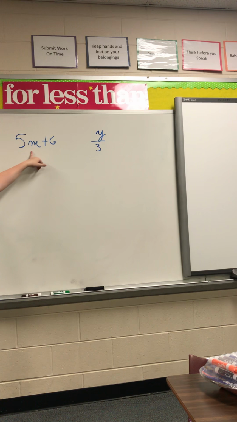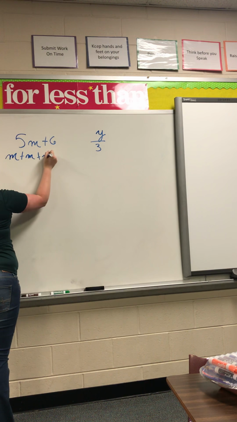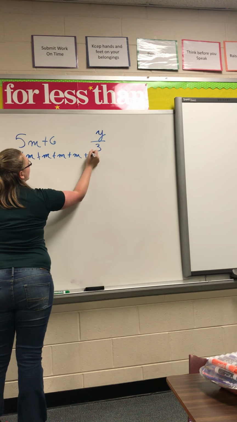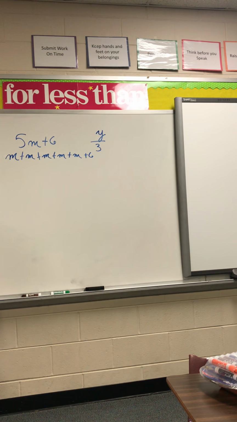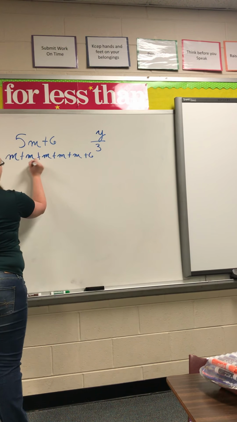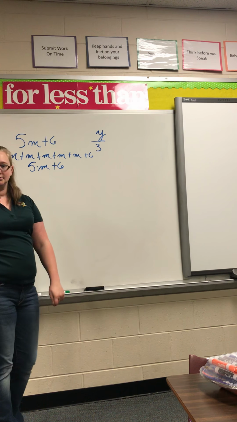This 5m is the same as saying m + m + m + m + m + 6. If I take m + m + m + m + m, that's also the same as saying 5 times m, plus 6.